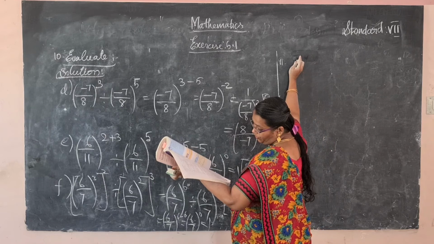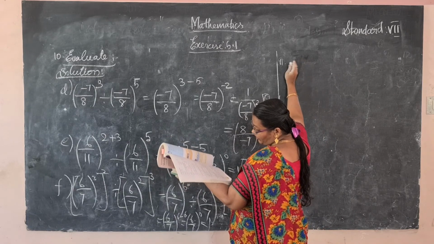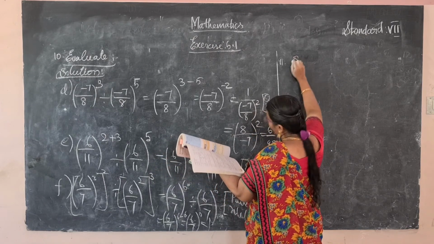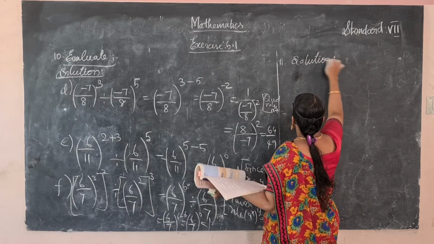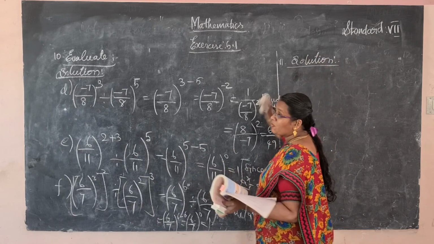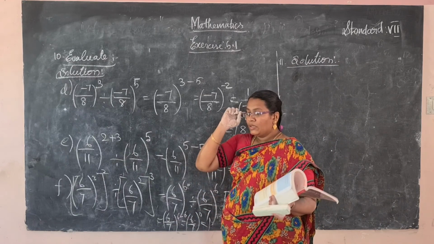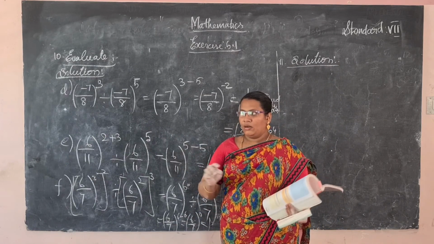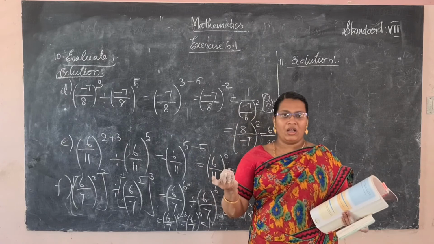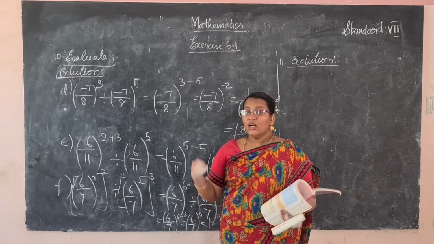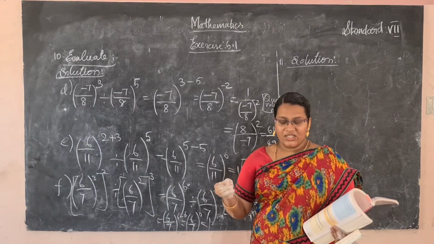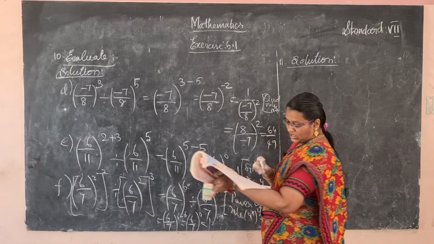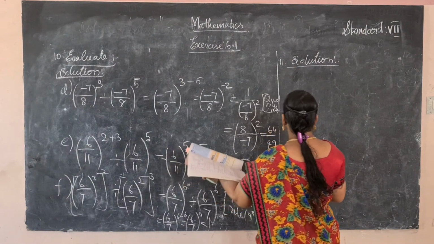Find the value of the following. Solution. I have already explained this in the exponent class. Minus 1 power odd number we get minus 1, minus 1 power even number we get 1. So the same type of question is asked in question number 11.